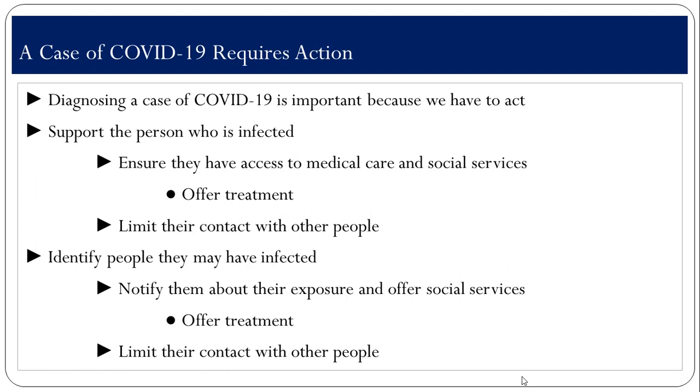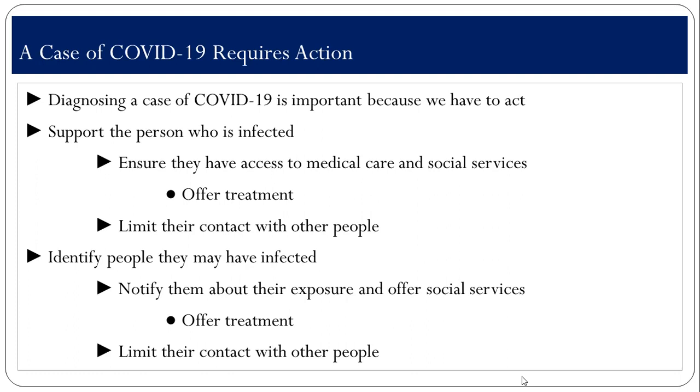This is important because someone who is infected can infect others, and part of our goal as a public health practitioner is to prevent the spread of COVID-19. So, when we diagnose a case, we need to find them, offer them medical support and also make sure they are changing their behavior to limit their contact with other people to reduce the risk of transmission.